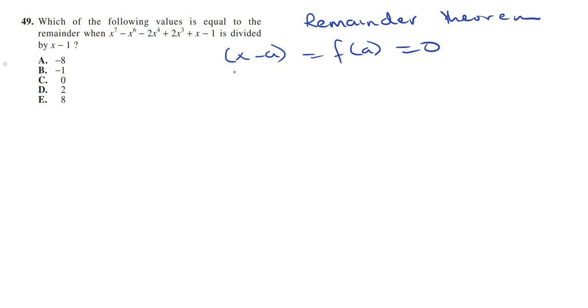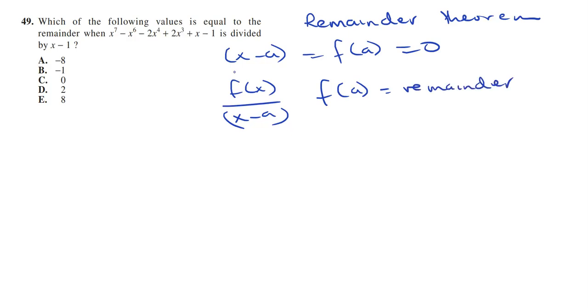So here we have x minus 1. Also, it says that if a function f of x is divided by x minus a, then f of a represents the remainder of that function.